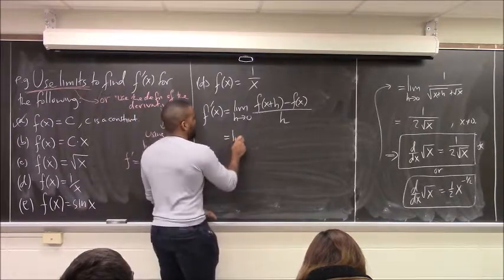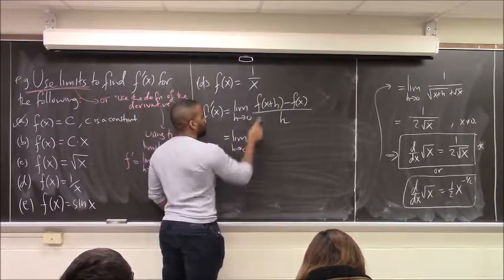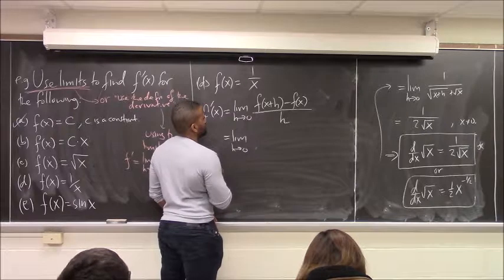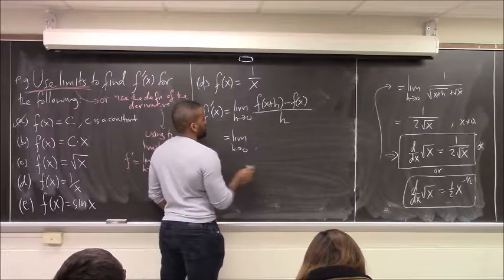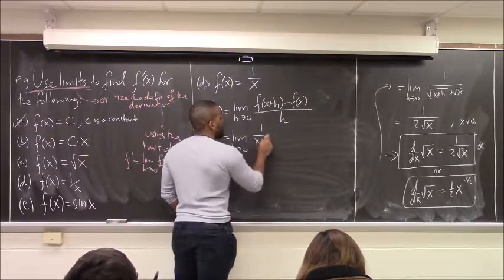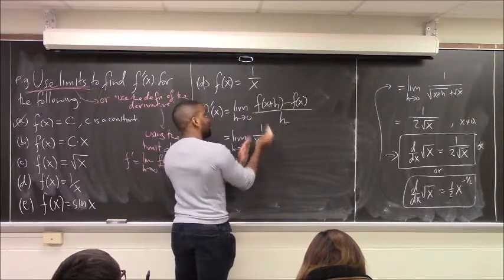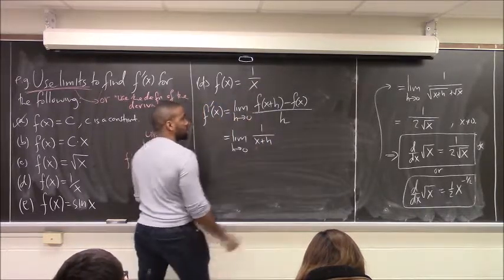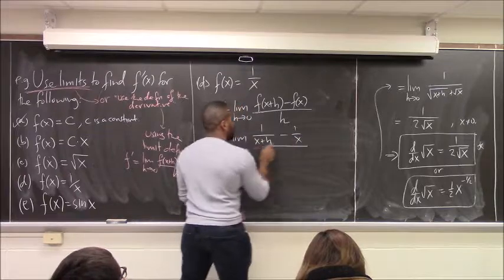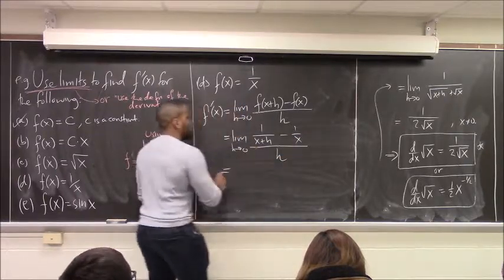Applying this here, what does f of x plus h look like? 1 over x plus h, not separately. The x is replaced by x plus h, minus 1 over x, all over h. How do we take that limit?